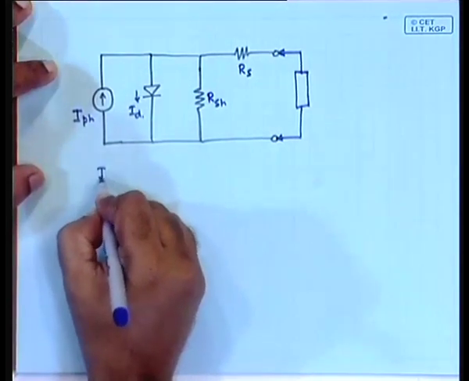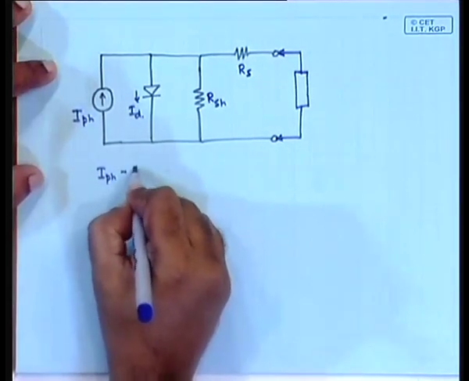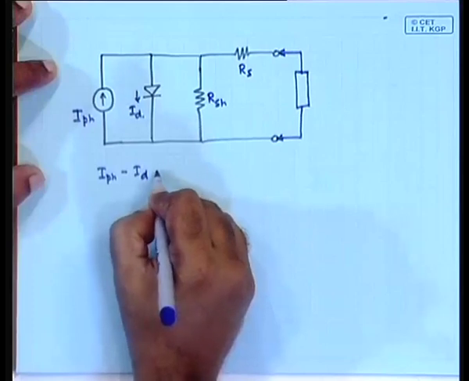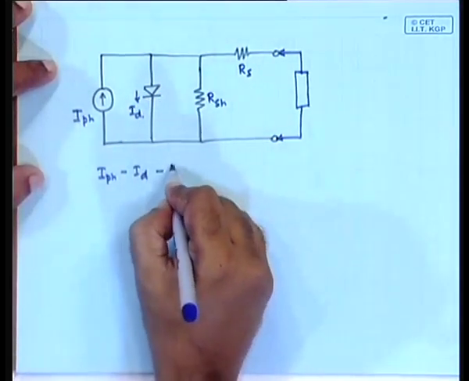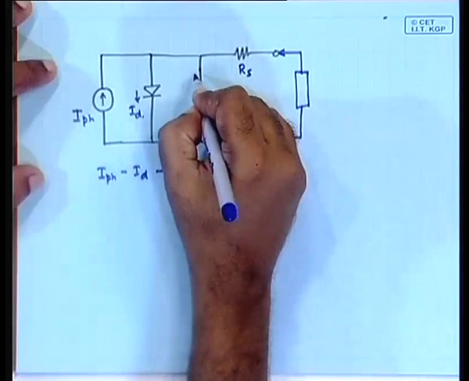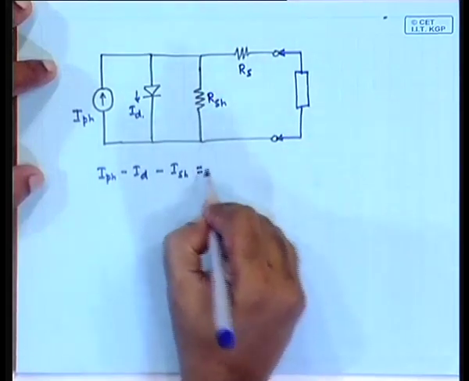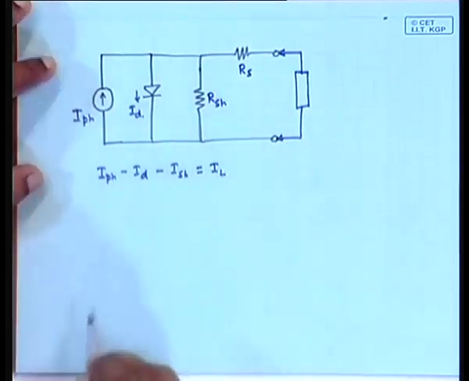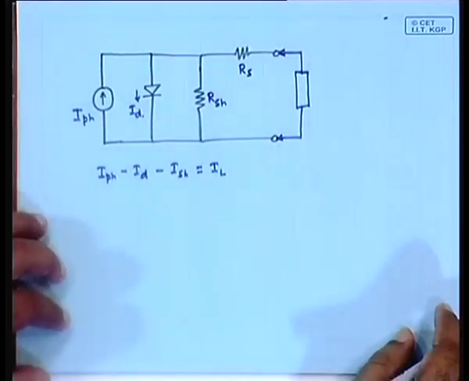So, IPH minus ID minus ISH, this one is equal to the load current, the essential circuit equation.